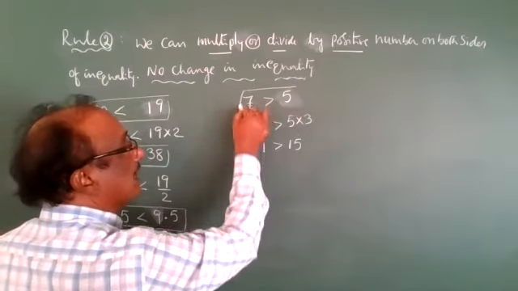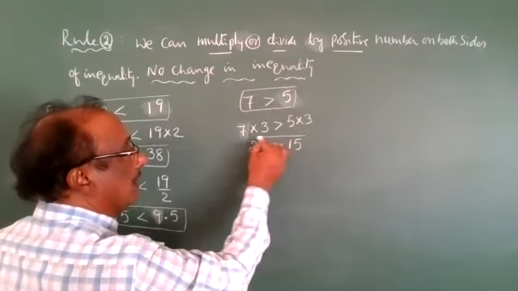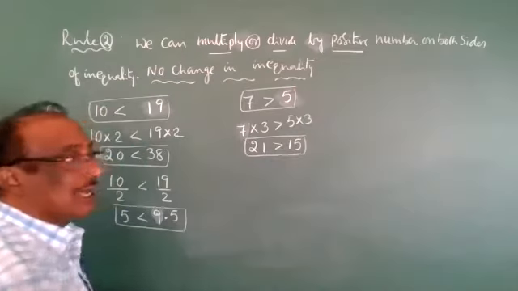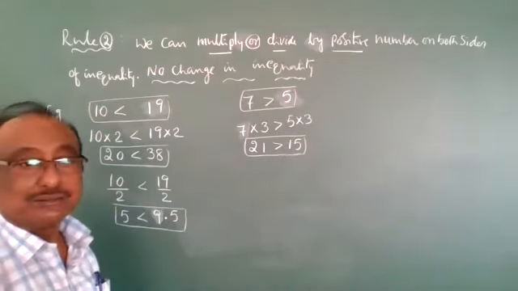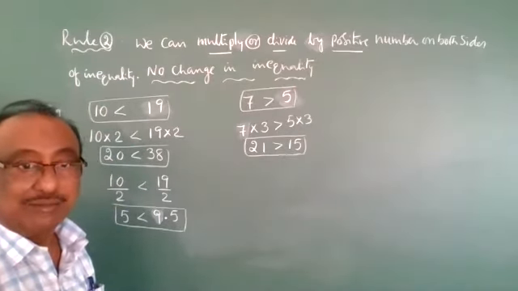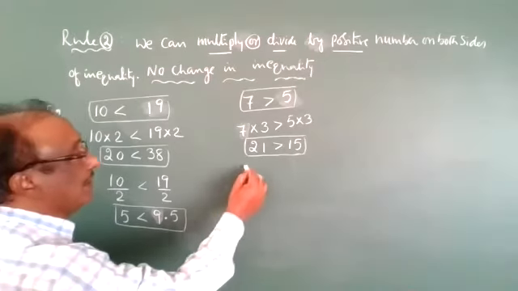So 7 is greater than 5 is correct. By the multiplication, 21 is greater than 15 is also correct. The inequality is the same. Divide with any number.